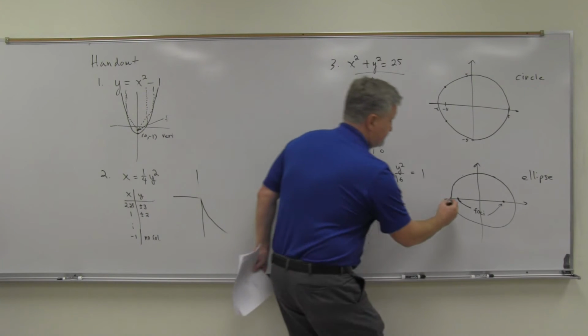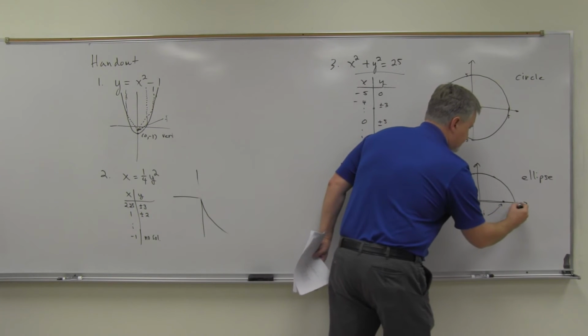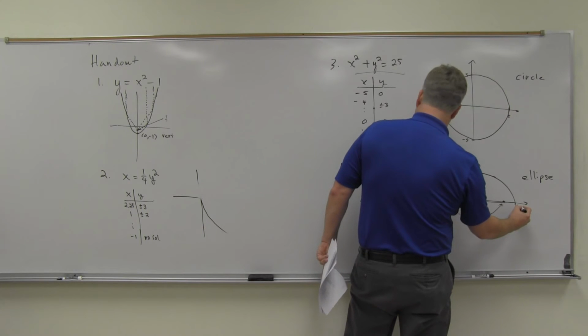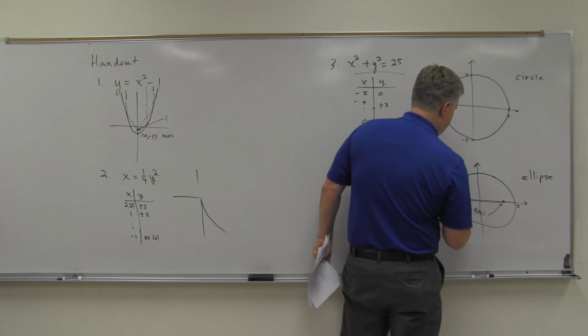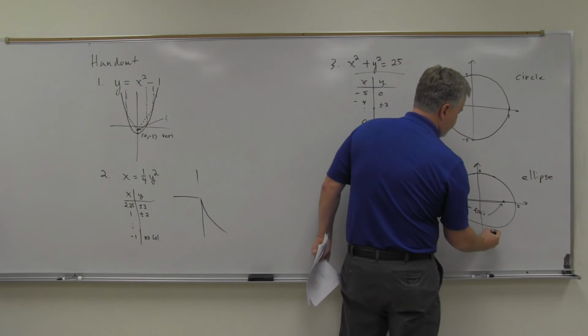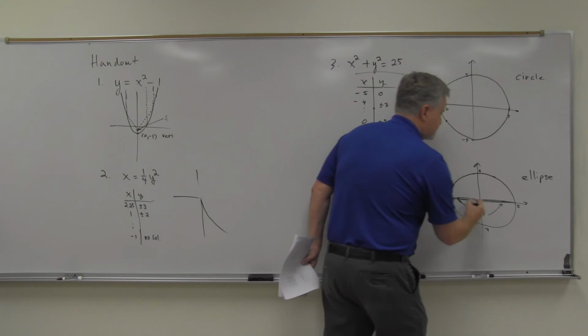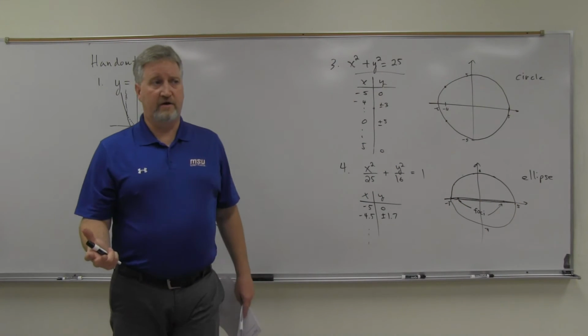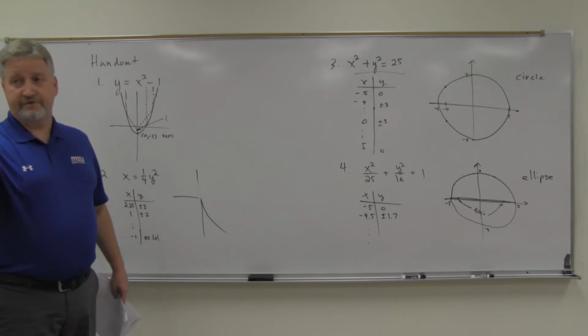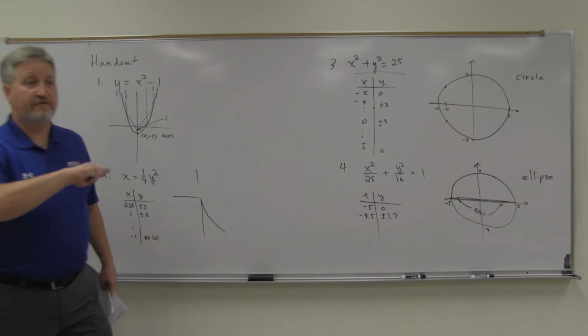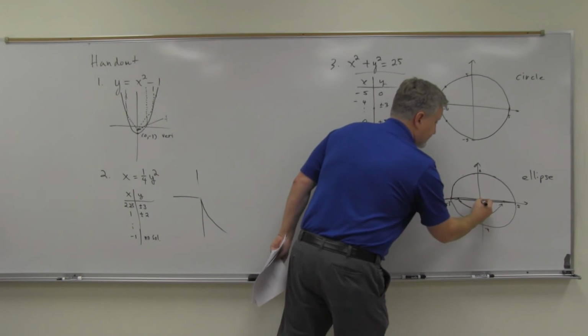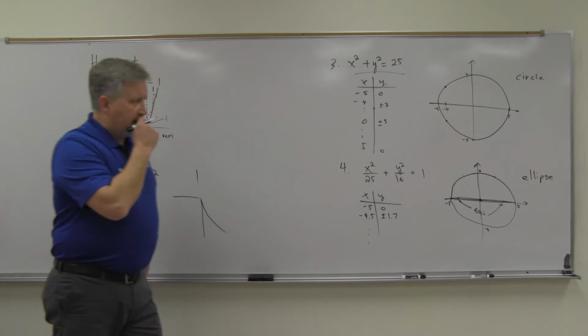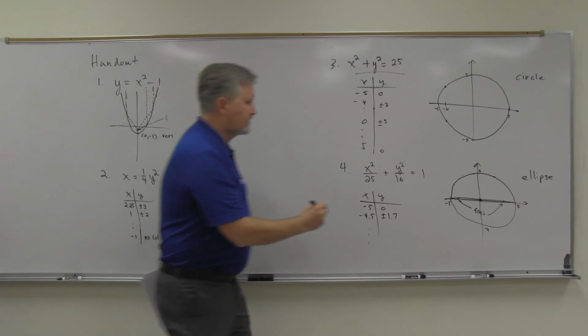I've got this axis from, what is it, -5 to +5? Yes. And this one's +4 to -4. So that longer axis is where the foci are located on an ellipse, and there are 2 of them, one on either side of the center, which in this case is 0, 0. So those are the foci.